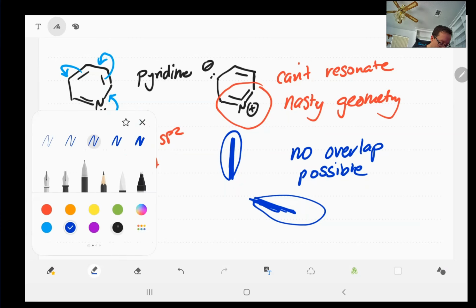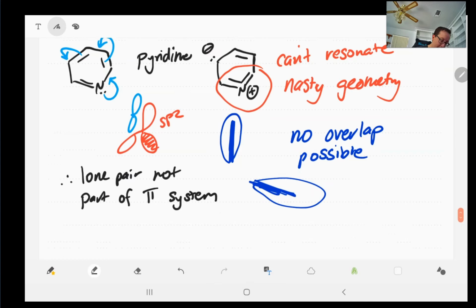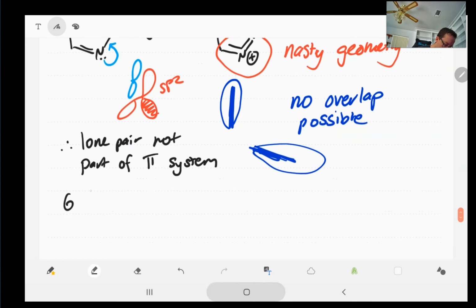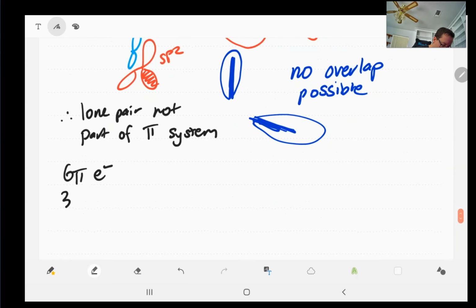So we don't count this lone pair. It is not part of the pi system. And so that means we still have 6 pi electrons from the 3 double bonds. We've got our 3 double bonds, and as a result, this will still be aromatic.